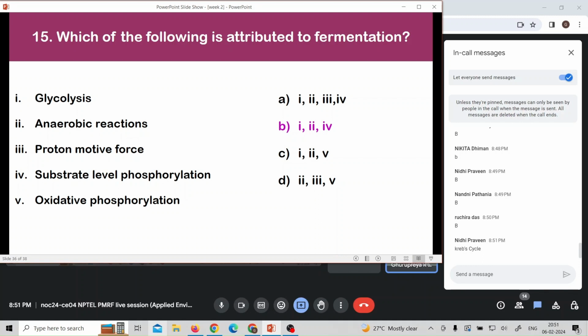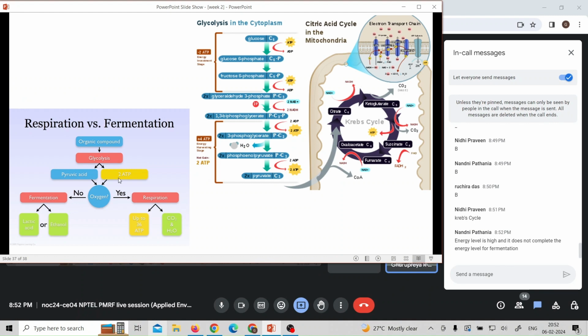After this glycolysis process, you have an organic compound, basically glucose, which undergoes glycolysis and you get pyruvic acid and ATP. Just don't worry about the number of ATPs coming here in this process. That's a whole different dimension of energetics.